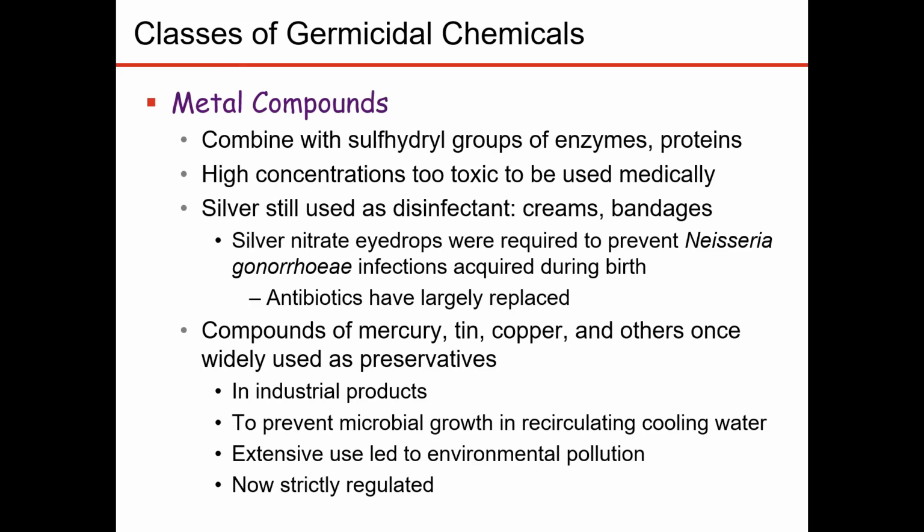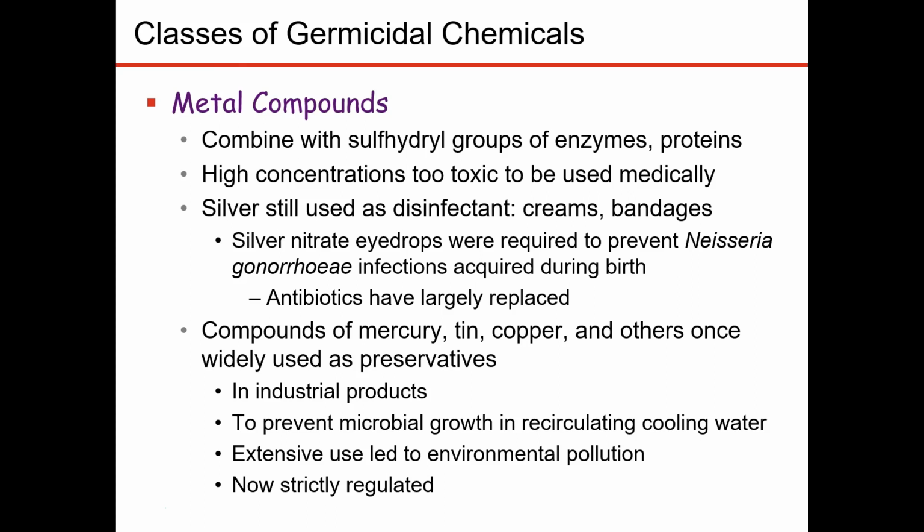Metal compounds, this is going to be things that have typically copper in them, but it can also be mercury and tin. What happens is the bacteria cannot survive. This is one of the reasons why we have copper being used in our refrigeration, whether it be AC or refrigerators.